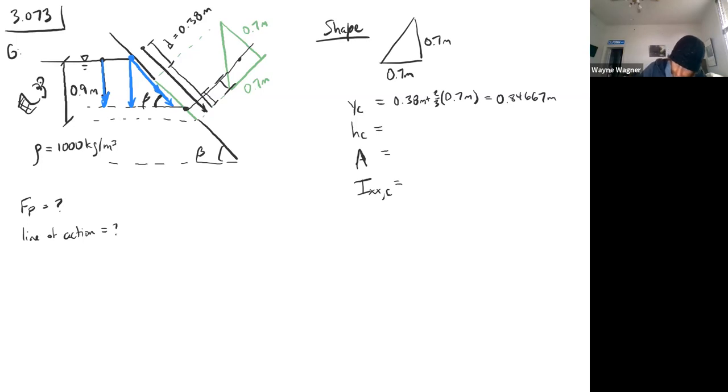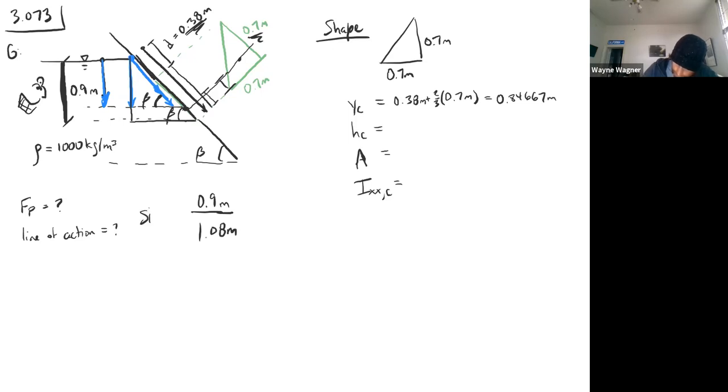Well, we know that this side of this triangle is 0.9. And then I know this side of this triangle is 0.38 plus 0.7. So we've got yet another triangle right here, and that is also beta. The opposite is 0.9 meters. The hypotenuse is 0.38 plus 0.7, so that's going to be 1.08 meters.